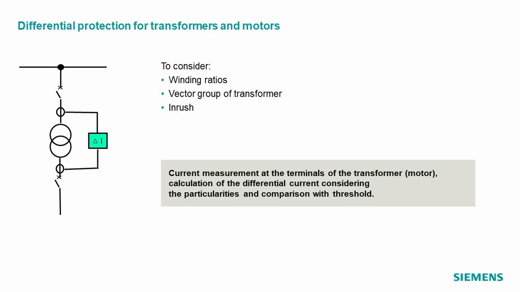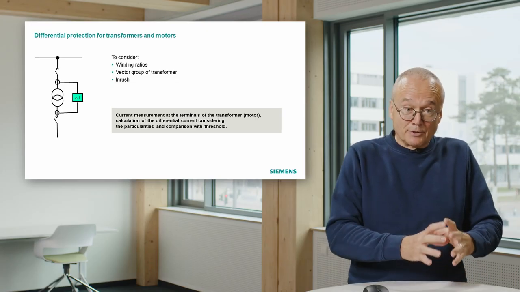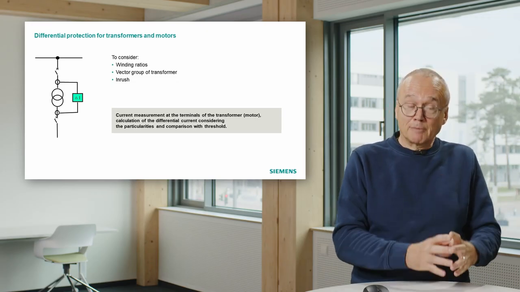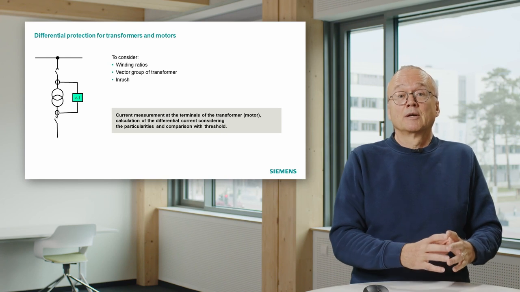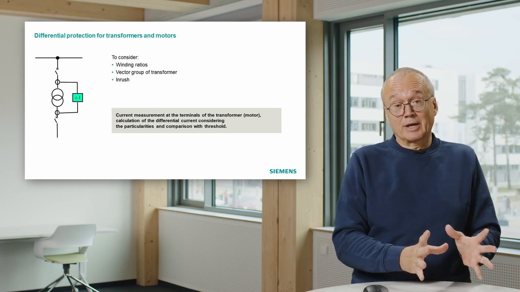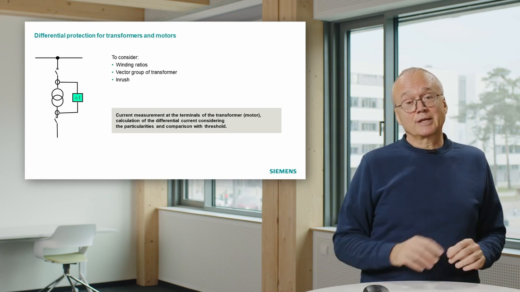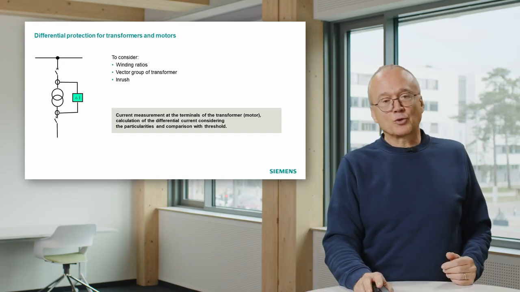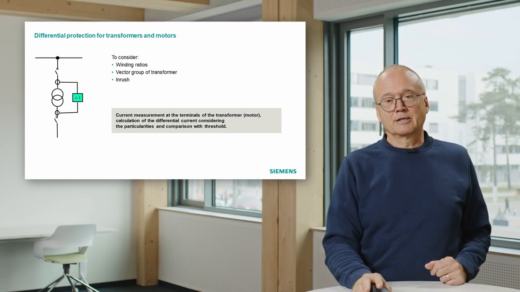And we also have to think about what happens if we energize the transformer and we have an inrush there. That means the differential protection principle can be applied to transformers, also to motors and generators, but we have to take into account a few things to make it applicable in reality.